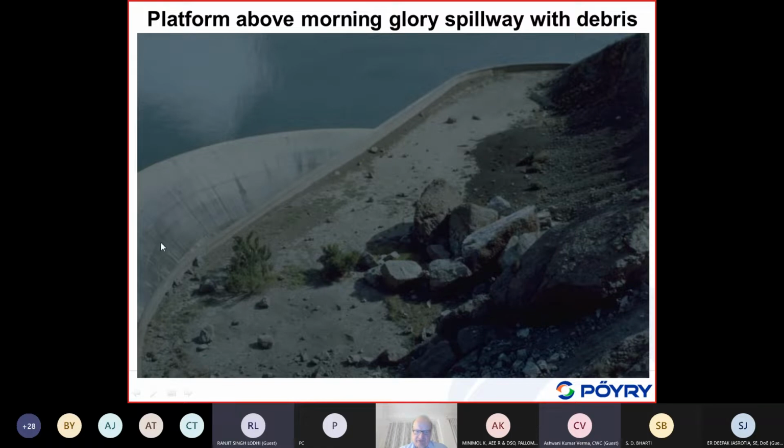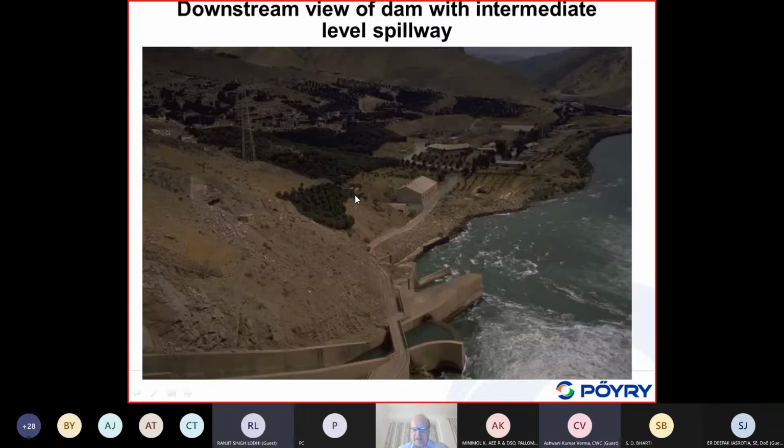This is the intake of the Morning Glory spillway. We see here some of the boulders which moved in, and there are some smaller stones here. We could also see on the surface some small impact. Some smaller stones actually fell into this Morning Glory spillway. Okay, that is the spillway.